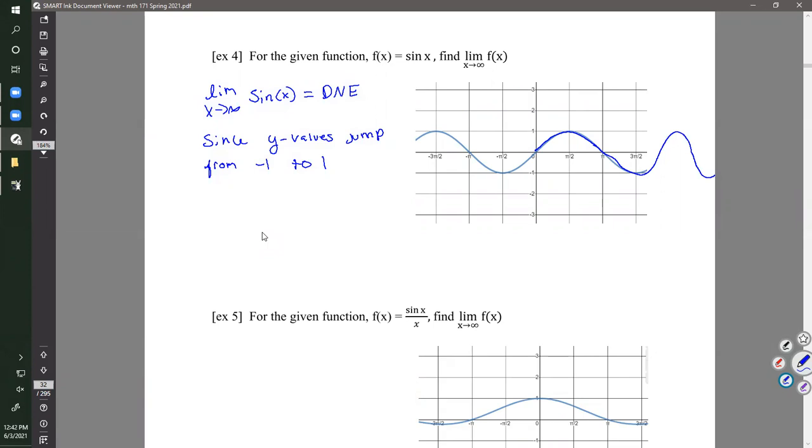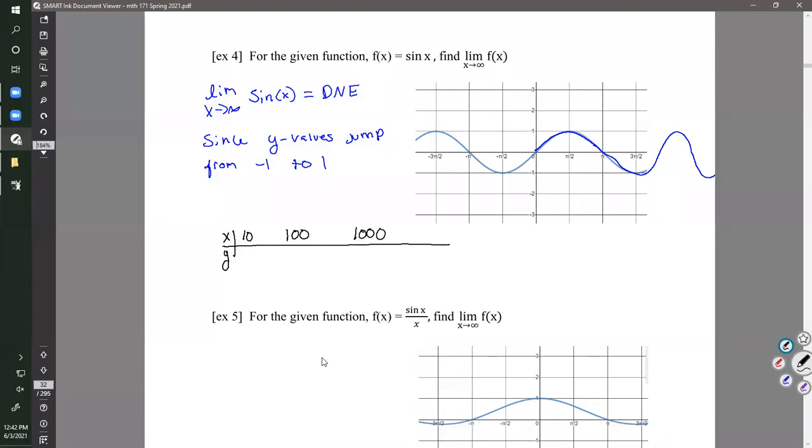All right. Well, that's graphically. What about algebraically? What would it look like if we did 10, 100, 1,000? Let's look at this. If we made an XY table, and sine curves are sometimes tricky, 10, 100, 1,000.